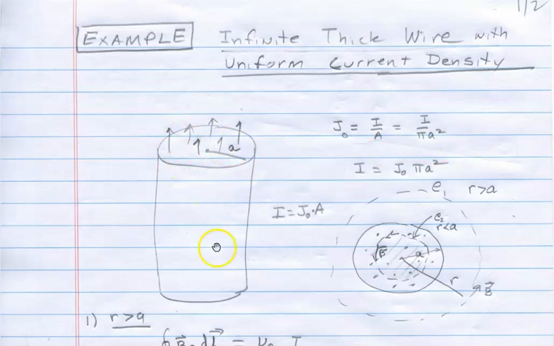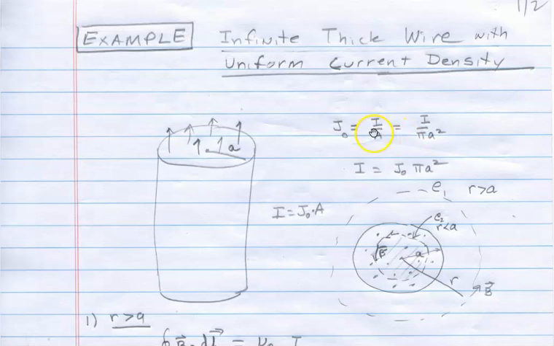Again, cylindrical in shape. I'll assume it's infinitely long. The radius of the cylinder-shaped wire is A, and I've got current coming through all of the solid portion of the wire. In fact, we'll assume it has uniform current density.